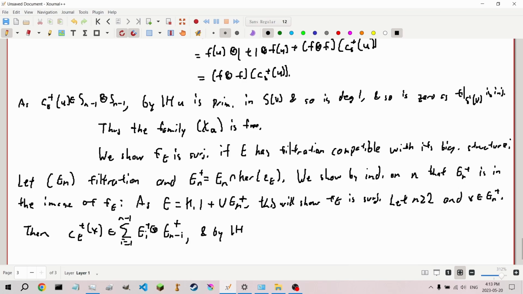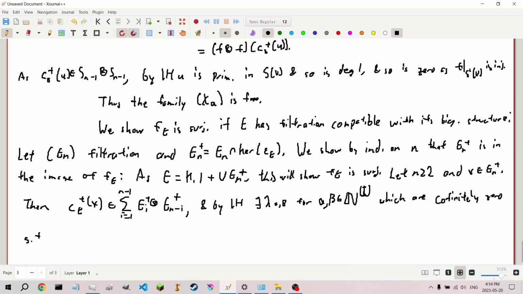And by induction hypothesis, there exist scalars, for alpha and beta being n indexed by I, which are cofinitely 0, so finite support or non-zero, such that Δ_E^+ of x is the sum for alpha and beta non-zero of lambda alpha beta of x_alpha tensor x_beta.